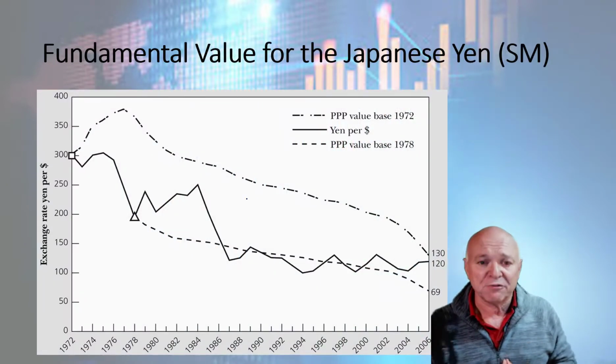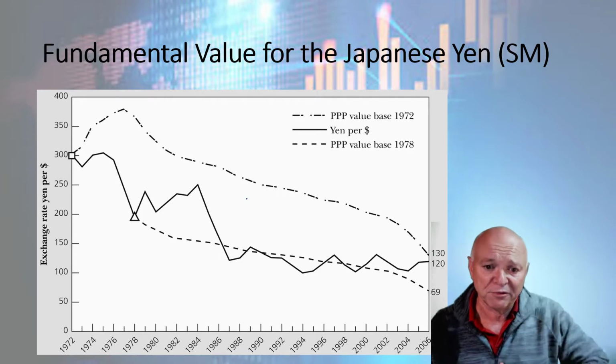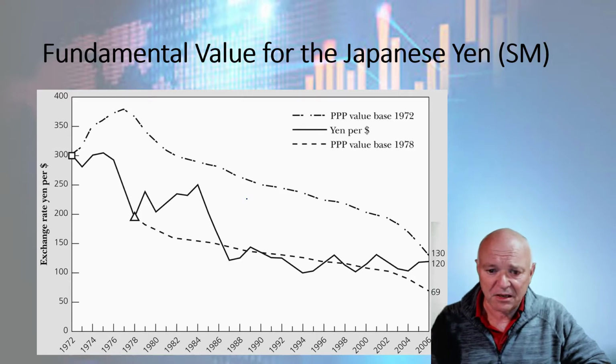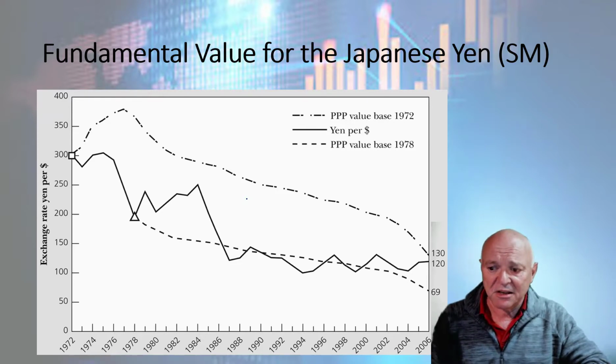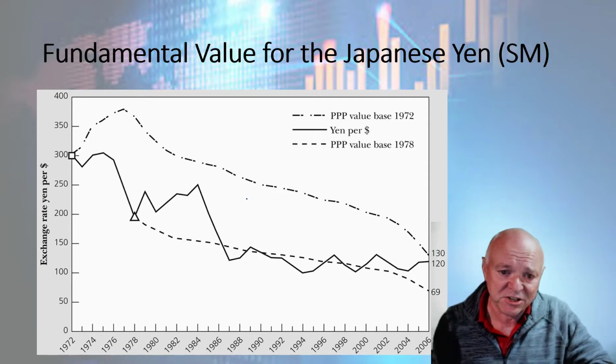For example, from the Solnick textbook, we have an overview of the relationship of the yen to the US dollar over a period of time, starting around 1972 and going through to 2006, during which the value of the yen essentially depreciated against the US dollar.